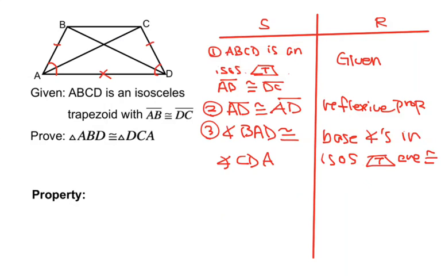And we just talked about that earlier. So therefore, I think we have about everything that we need. So statement number 4, we can say triangle ABD must be congruent to triangle DCA by the SAS postulate.